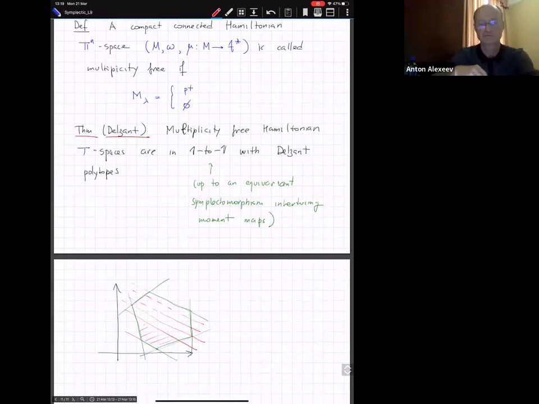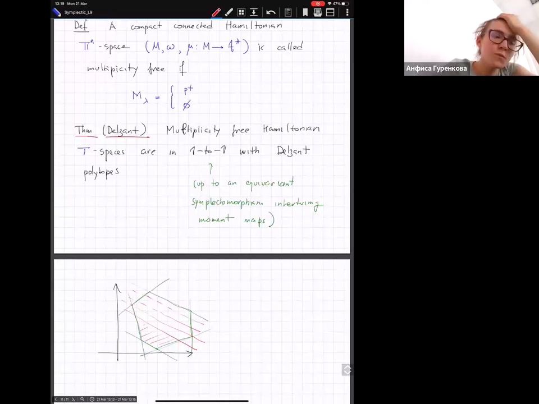So the question is, we have this Delzant polytope, meaning we have these vectors and these numbers, but if we look only at its combinatorics, how can we say how the resulting reductions will be identified if we do not make a difference between hexagons, for example?